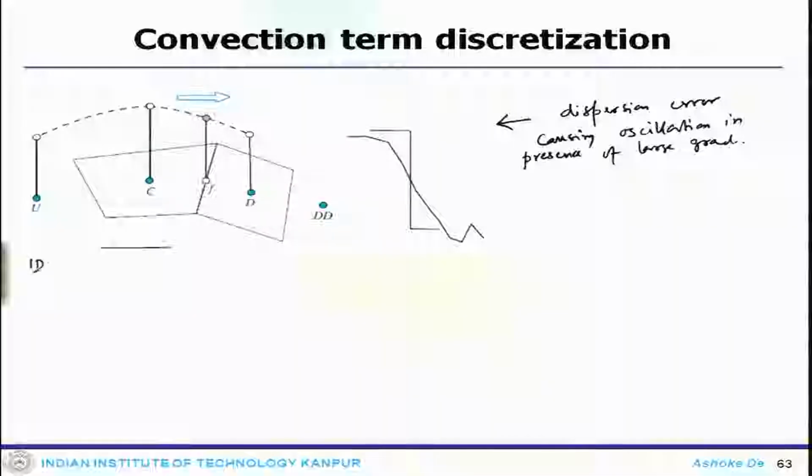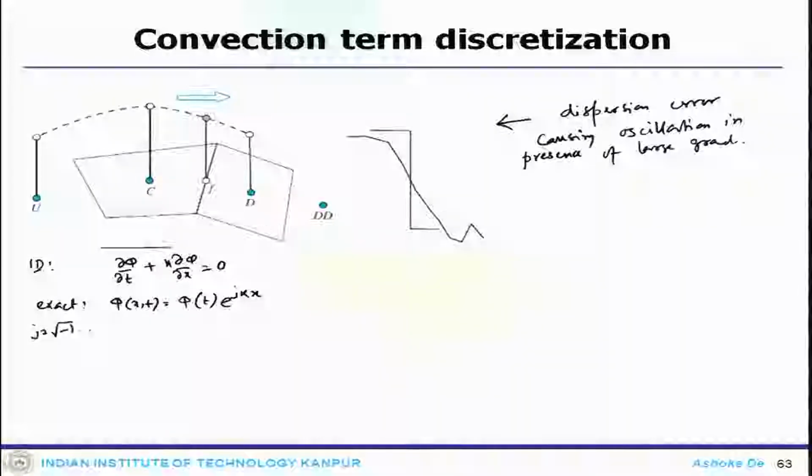Let us say in 1D, if you assume this is my unsteady scalar transport convection equation, then the exact solution would be phi(x,t) equals phi(t) e to the power jkx, where j is the square root of -1, and the exact value of the gradient becomes del x of phi(x,t) equals jk phi(t) e to the power jkx, which is jk phi(x,t).